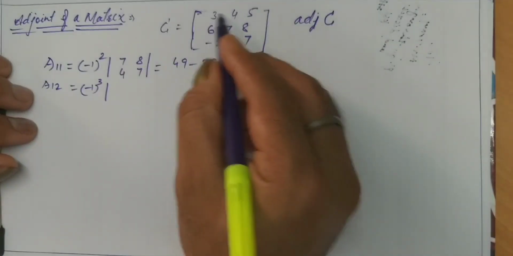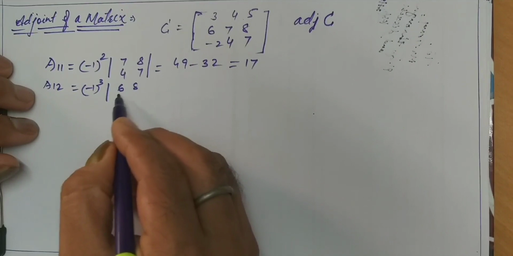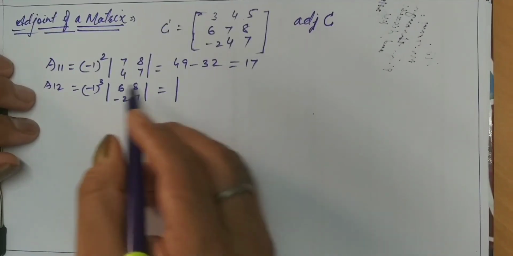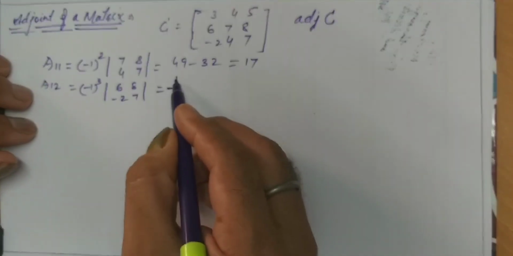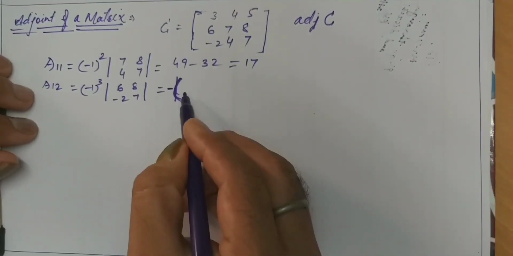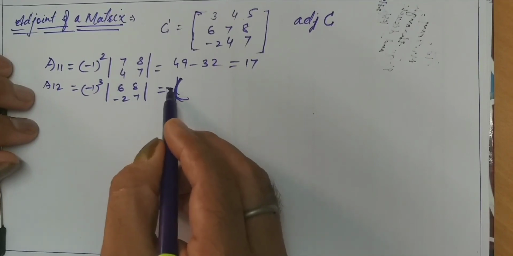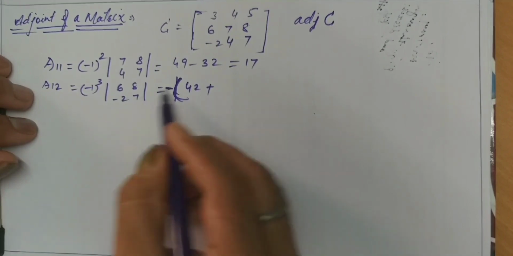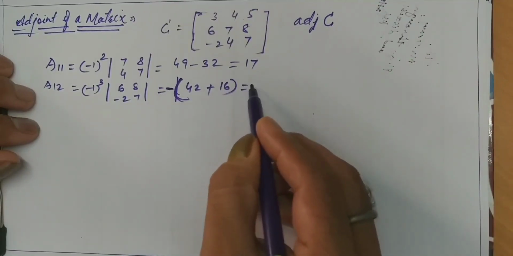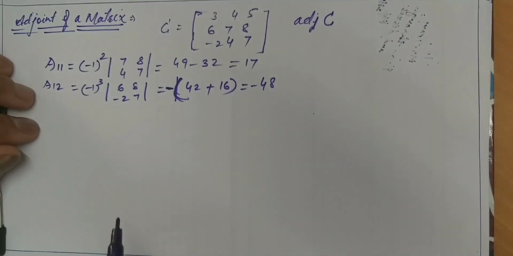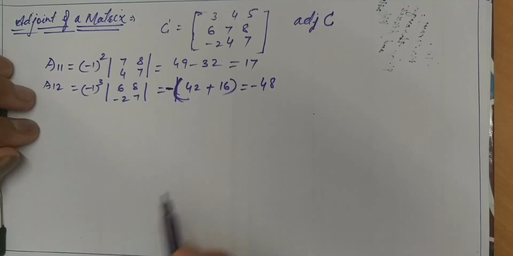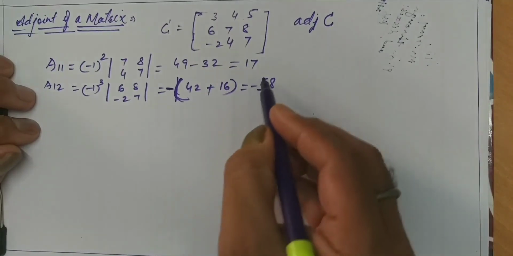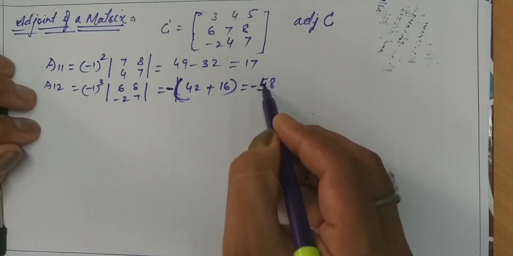A12 means this one, so leaving this way 6 8 minus 2 7, which is equal to minus 1 to the power 3, minus outside, and then 42 plus 8 twos are 16, which is equal to minus 58.